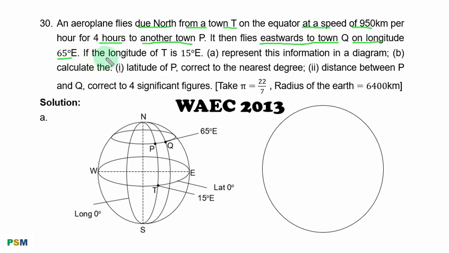If the longitude of T is 15 degrees E, a part of the question represents this information in a diagram.